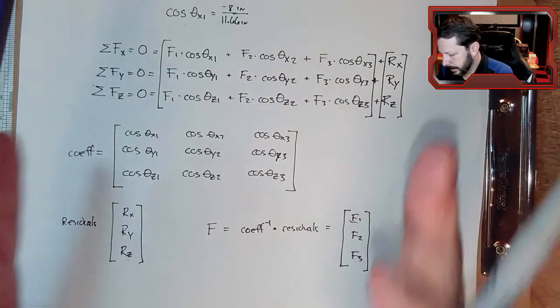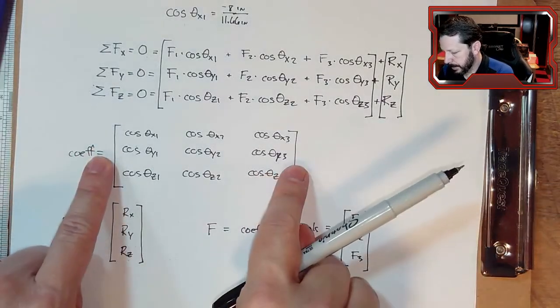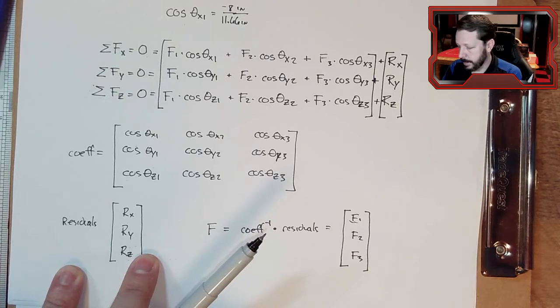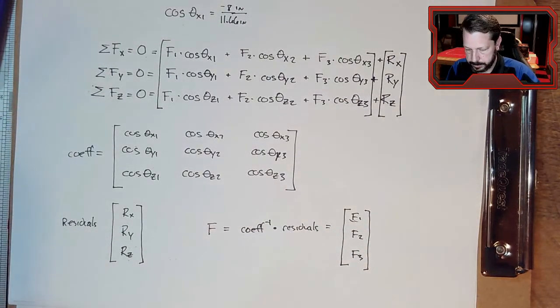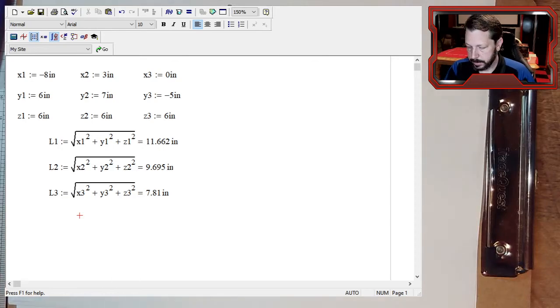All right, let's take this idea and build this matrix and this matrix in MathCAD and solve for that matrix. All right, here's MathCAD. We do need to remember that all of the coefficients in our coefficient matrix were cosines.